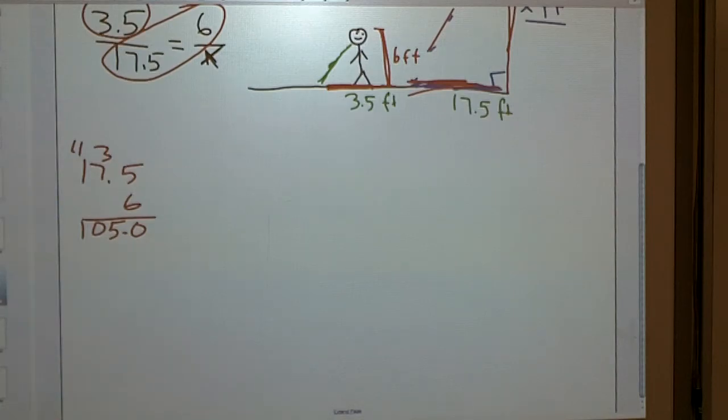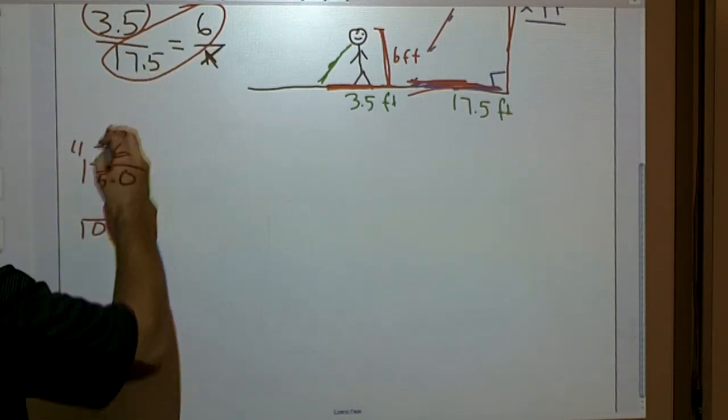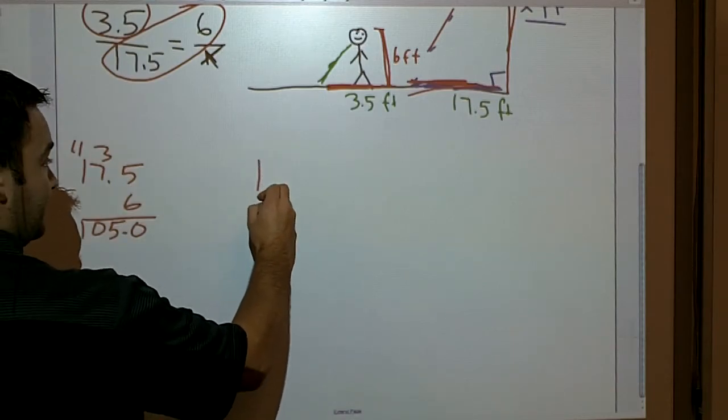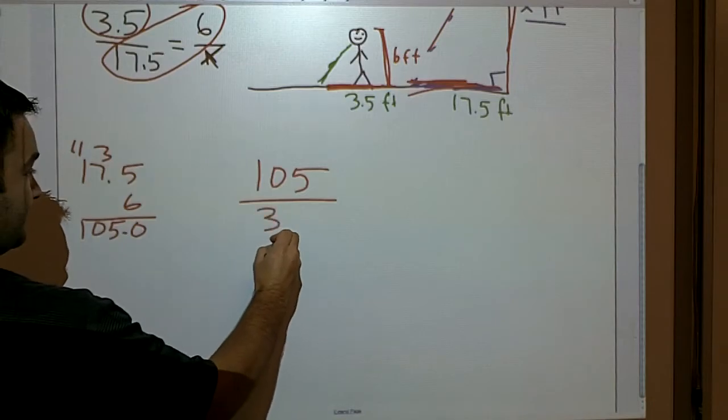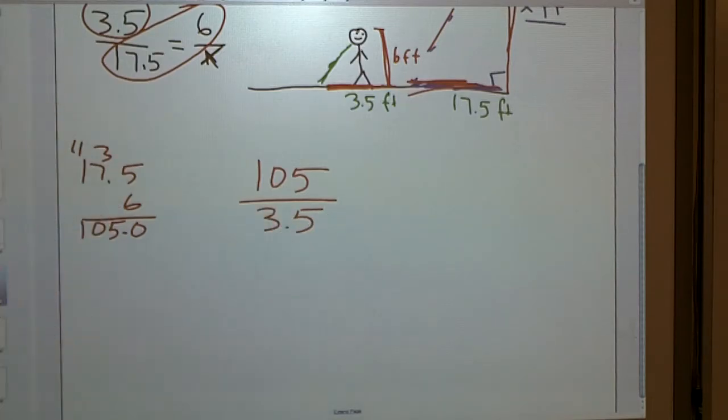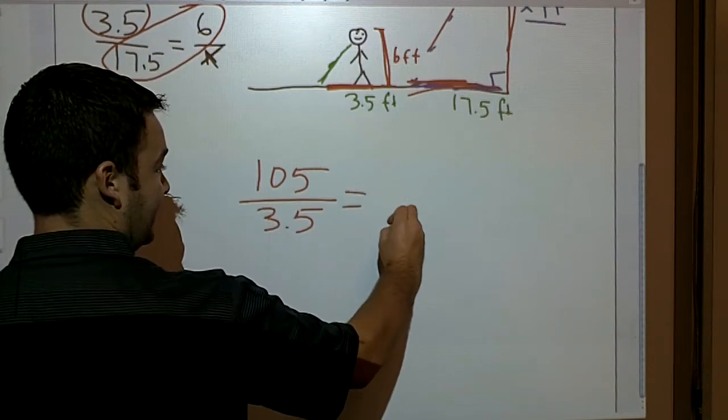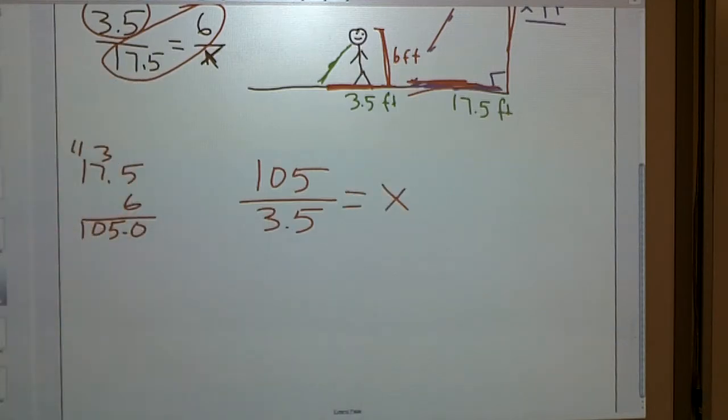So 6 times 17.5 is 105, and we're dividing that by 3.5. That's just computation, just getting to the point where we're dividing. This value is equal to the height of our figure. 105 divided by 3.5 gets you to right about 30.